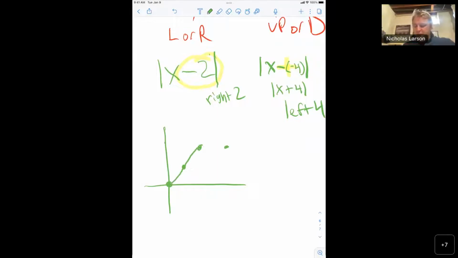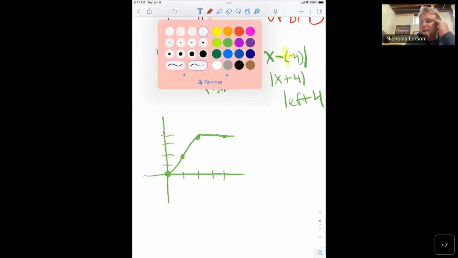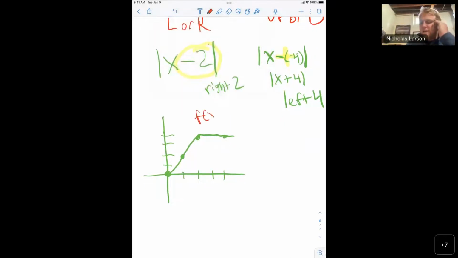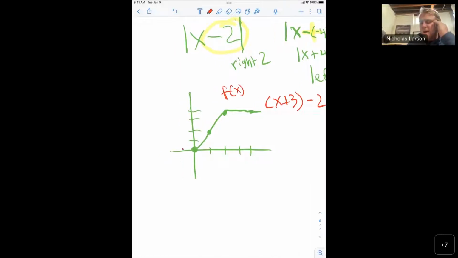All this means is, hey, if that's my function and I want to translate the function of x, but change it so that it's x plus 3 minus 2, that means every single point needs to go left 3 and down 2.